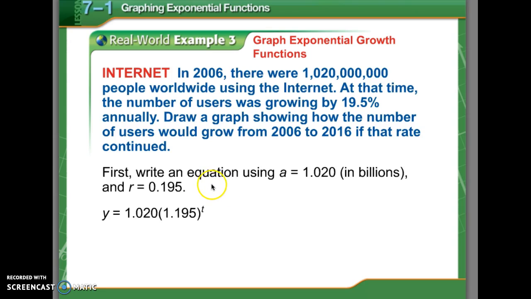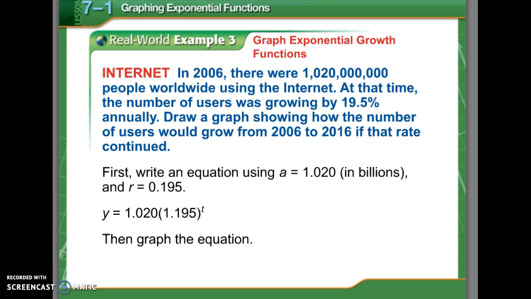So the first thing we need to identify is how many people there were at the beginning and what our rate of growth is. The amount of people at the beginning was 1.02 billion people, and our rate was, if you convert this percentage to a decimal, 0.195.